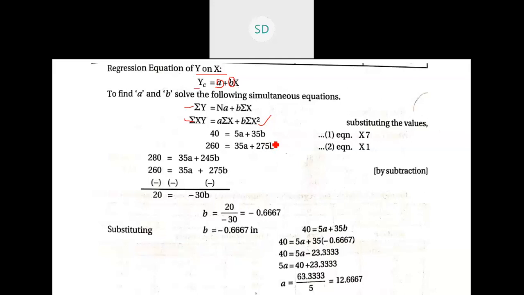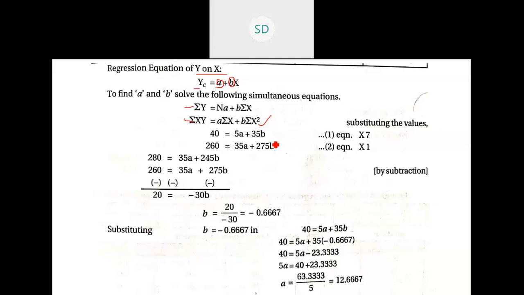Now once you have these equations, we are supposed to solve them simultaneously. For solving simultaneously, we should make the coefficient of one of the variables equal. Either a or b, any one of the variables must be made equal.